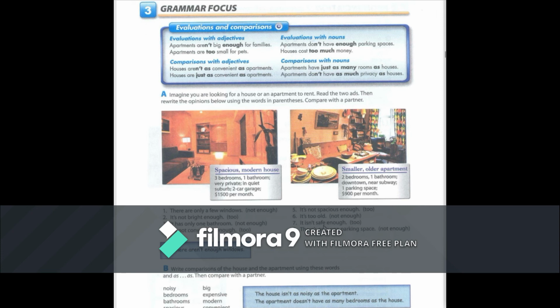Okay, the next one says it isn't safe enough. And they want me to put too. The word that gives the same meaning as isn't safe is unsafe, or I could say the opposite of safe is dangerous.